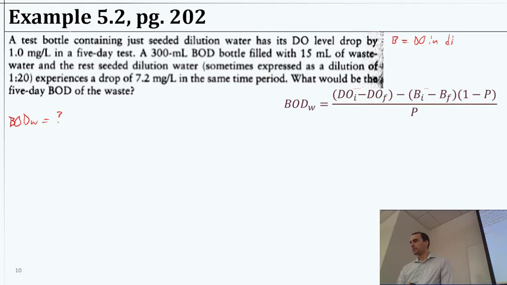What is the DO level drop by? It's kind of cut off. By, oh, sorry, 1 milligram per liter.